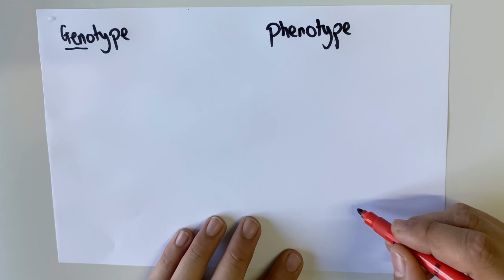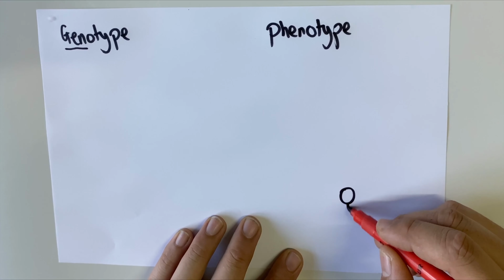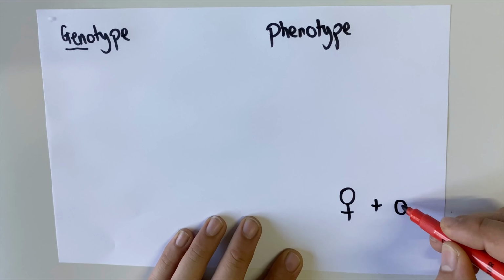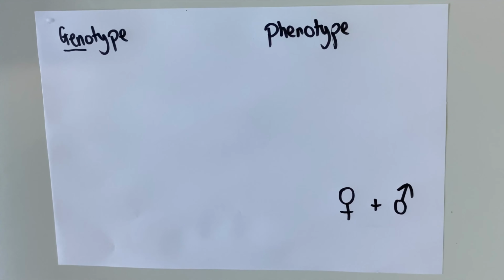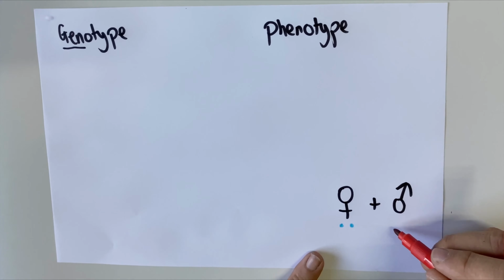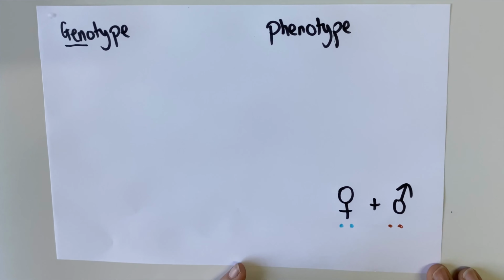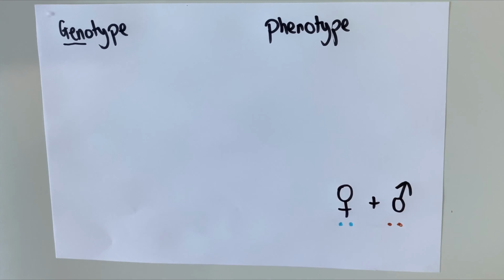So if we quickly sketch down in this corner that example we used last episode, where we had a male and a female, the female with blue eyes, or 2 copies of the blue-eyed gene, and the male with 2 copies of the brown-eyed gene, where they bred together and they made an offspring.